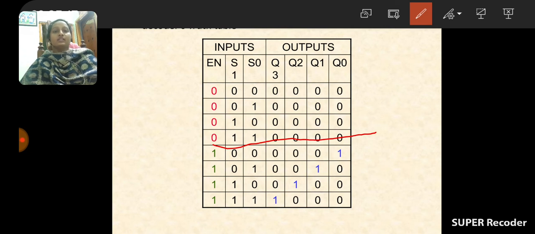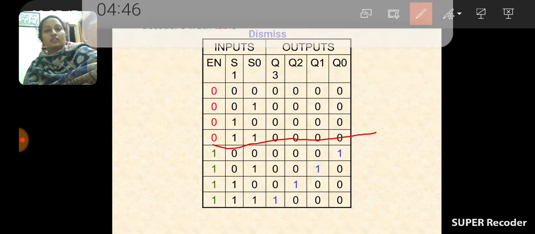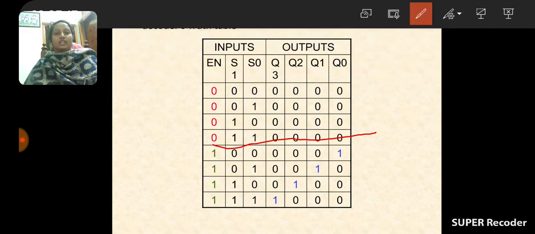If the selecting lines are 0 and 1, Q1 is high. For 1 and 0, Q2 is high. If both selecting lines are 1 and 1, then the output bit Q3 is selected.